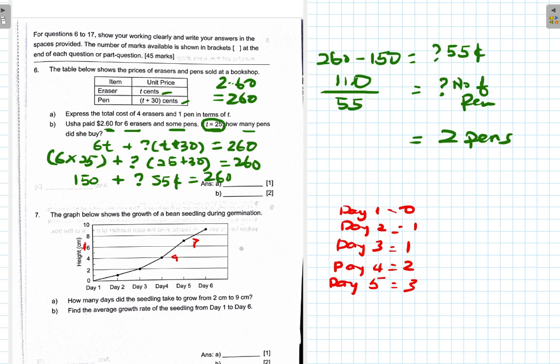Day 5 to day 6 is 2 centimeter. Correct or not? But it did not plot like that, because if say height, that means this thing is already keep on adding on already. It's the sum of it already. You understand? If I add out this whole thing, it's also 9. So on day 6, he's at 9.